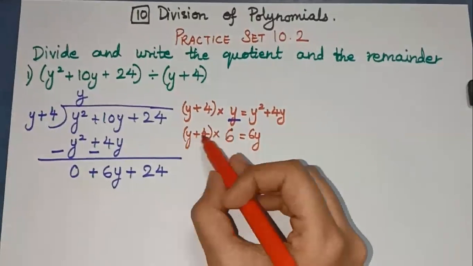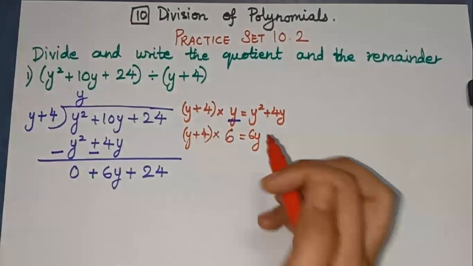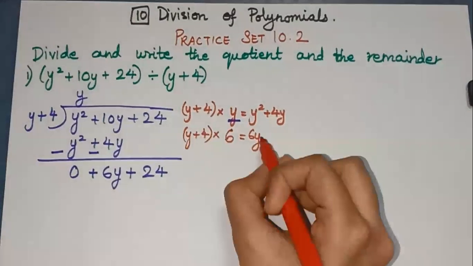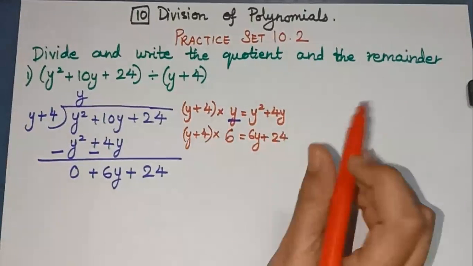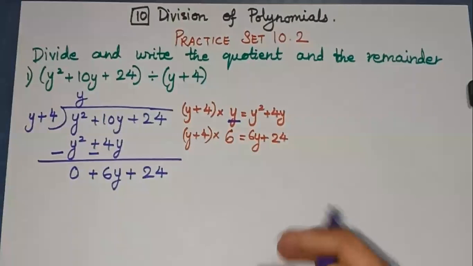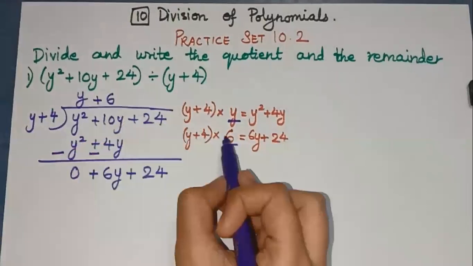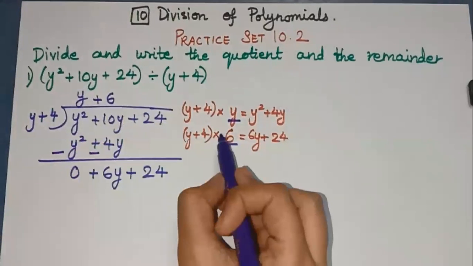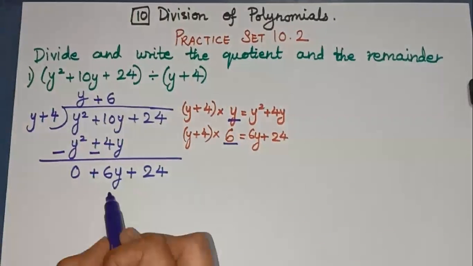And here the other term is the number 4. So 4 sixes are 24. This plus sign I have written as it is. So this is the answer that you are getting. This 6 will be written over here with the positive sign because there is no sign over here, that means it is a positive number. And these terms will be written over here.